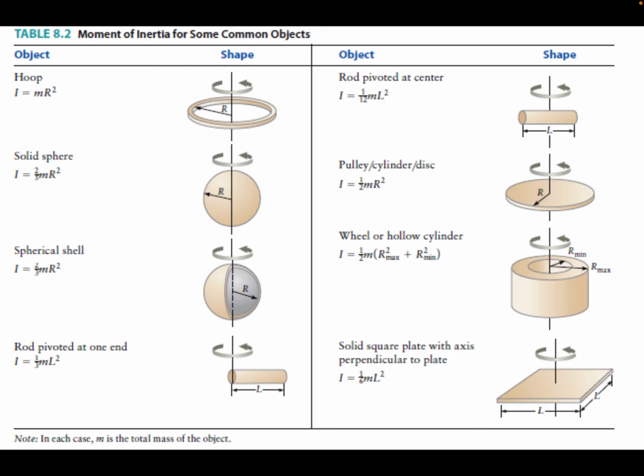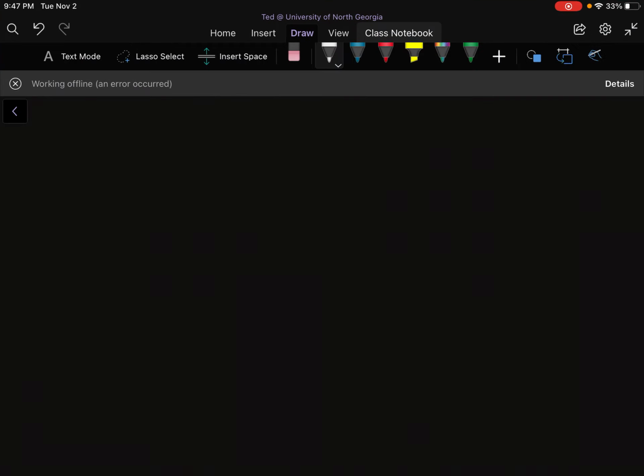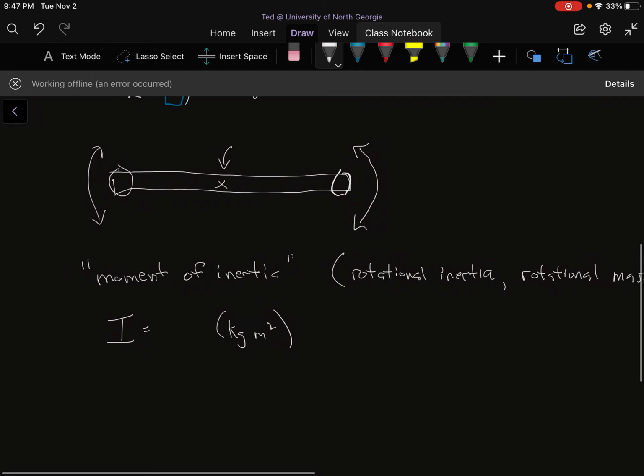Okay, so those are all the basic simple shapes, but what happens if we have a complex shape like this meter stick?